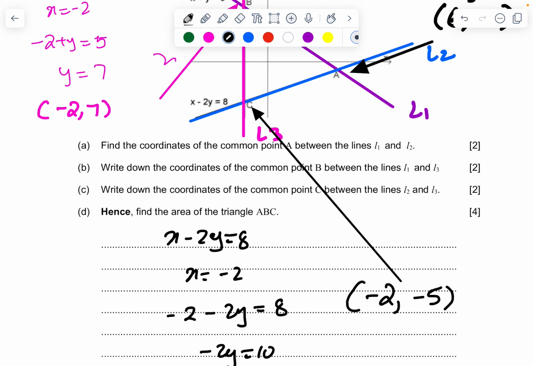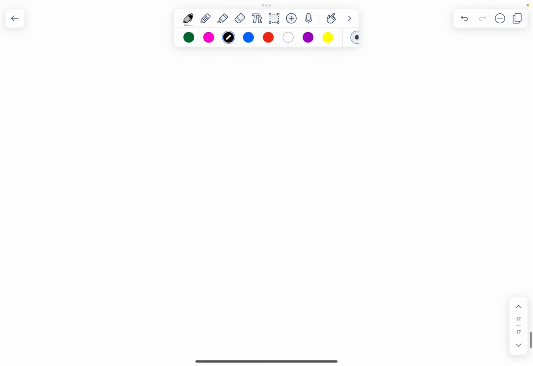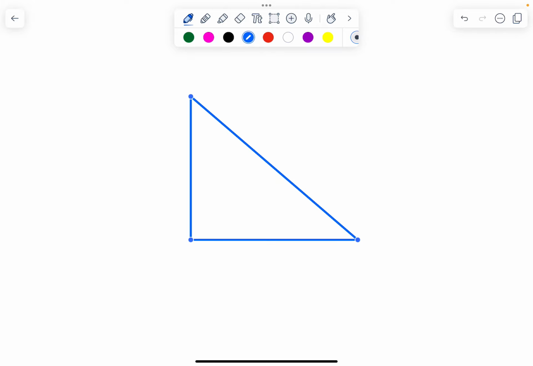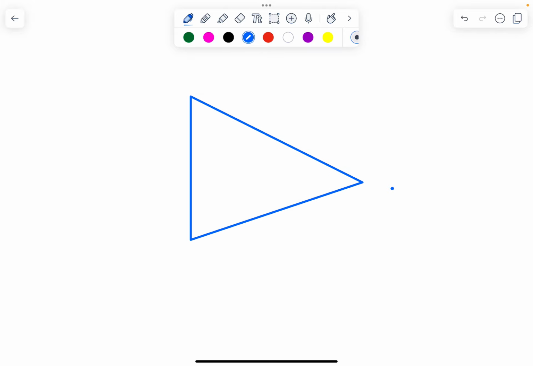Now, hence find the area of triangle ABC. Let's draw that triangle. The triangle looks like this. This point was negative 2, 7, this point was negative 2, negative 5, and this point is 6, negative 1.